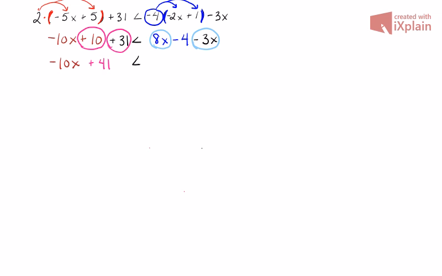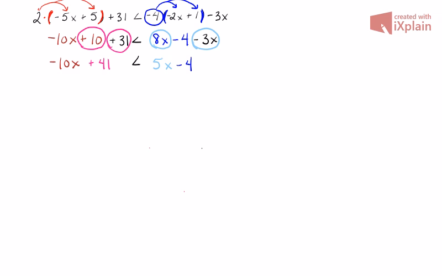This is going to result in a positive 5x, and then the minus 4 follows. The minus 4 just drops down because there are no like terms on the right-hand side to combine it with, much like how the negative 10x just came down to the next step because there was no other term on the left side with a variable of x with it.